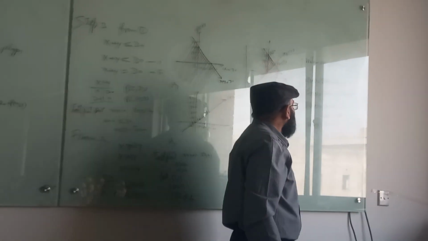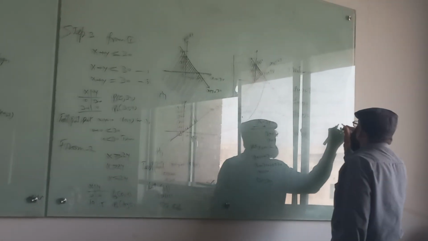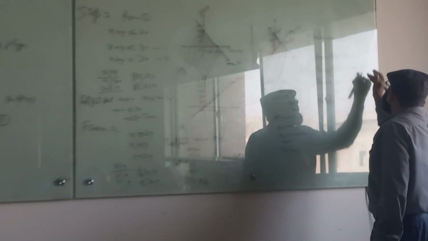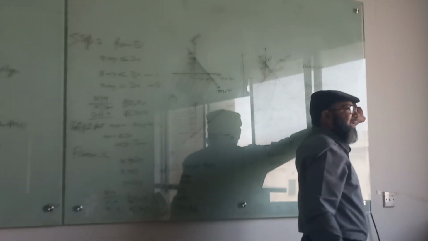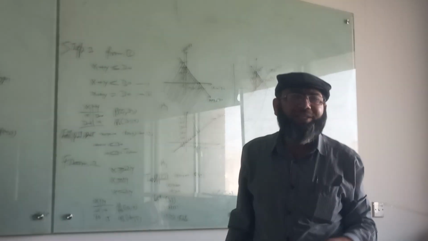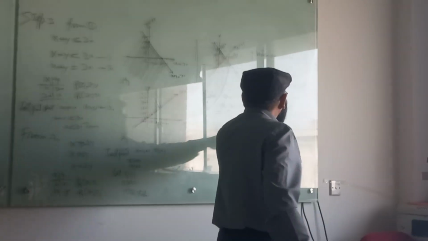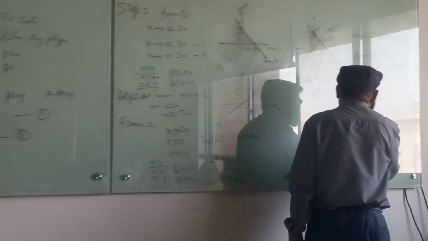Now, what is the best option? As far as profit is concerned, this is the best. But he is bound to store both. So this is the best option. So what is the answer?